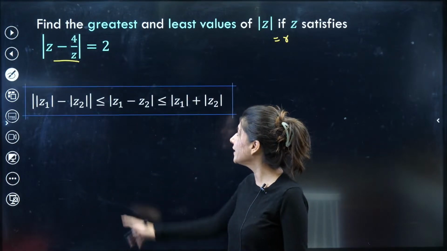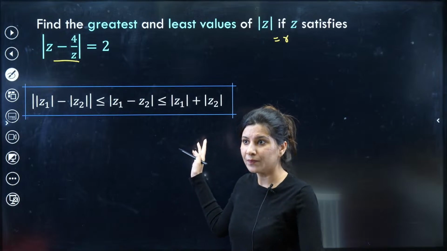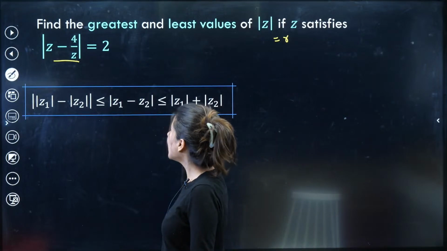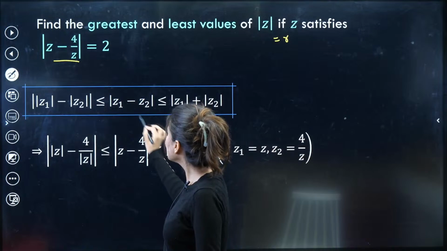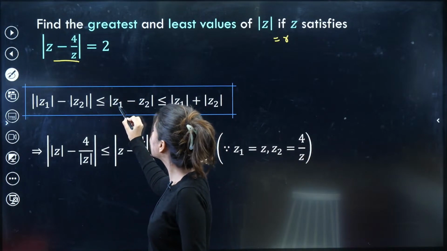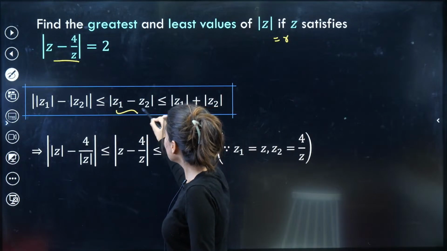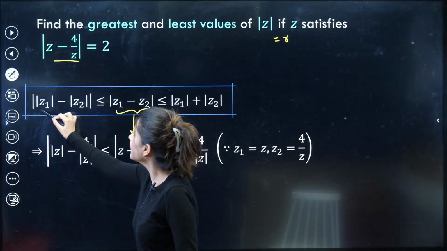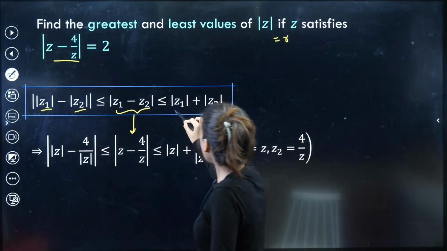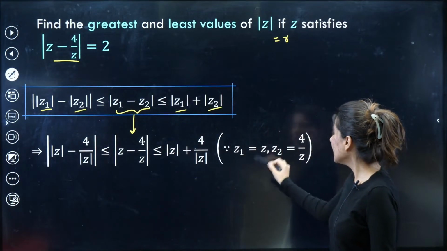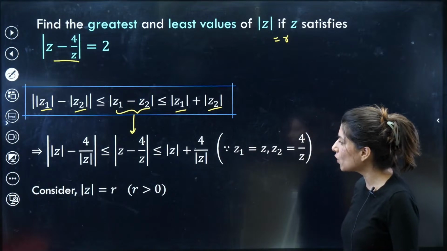I'm going to apply the second triangle inequality over here. Now we just need to put z1 as z and z2 as 4 by z. So this part is sorted, and this part is r minus 4 by r, r plus 4 by r.